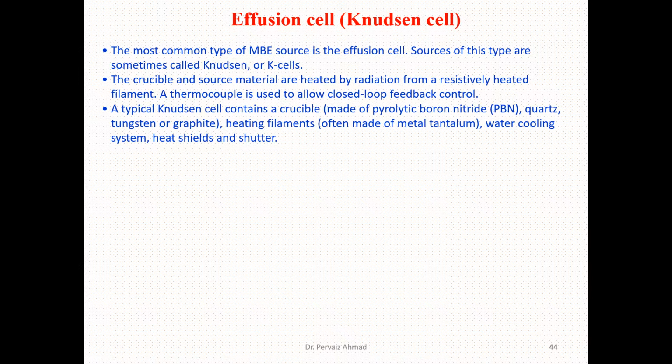Then we have heating filaments, made of a metal like tantalum, along with water cooling systems, heat shields, and shutters. These are the main parts the Knudsen cell is composed of.